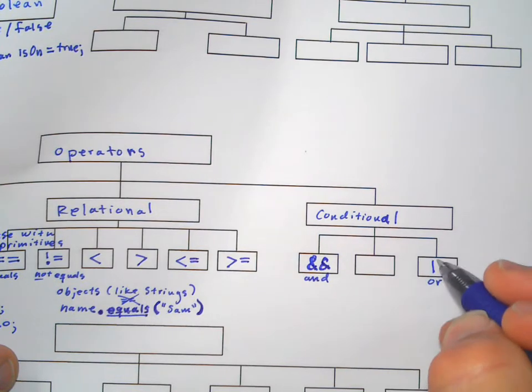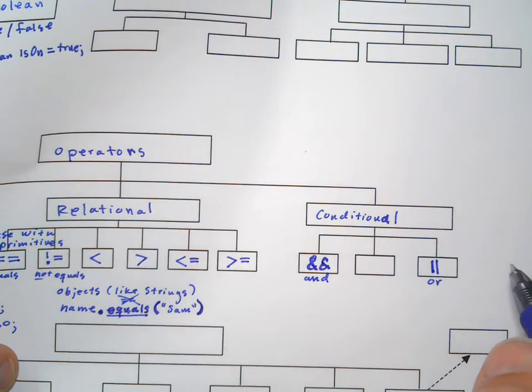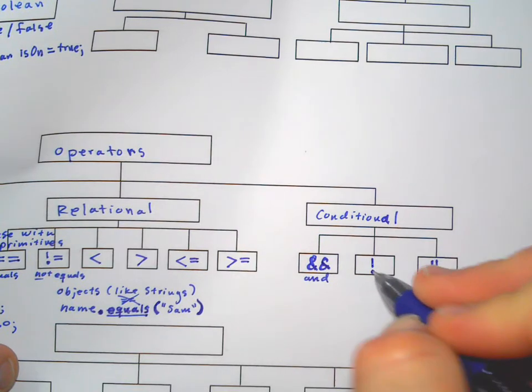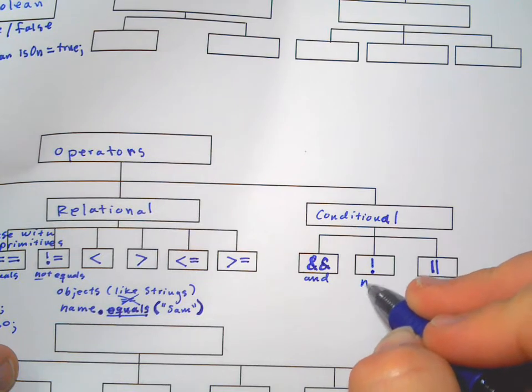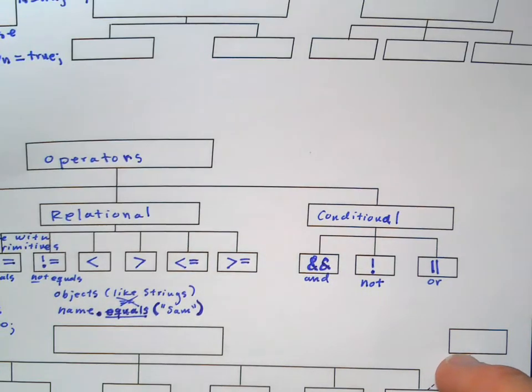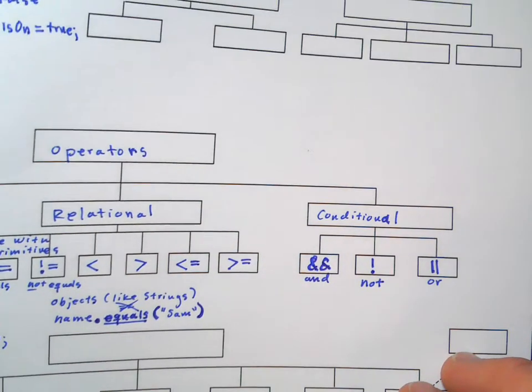Or is two vertical lines, which are right above the backslash key, above the enter button on the right side of your keyboard. The other one that I already mentioned is the exclamation symbol, which just means not. So not true, not. Yeah. So those are conditional operators.